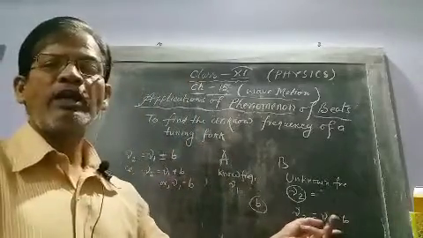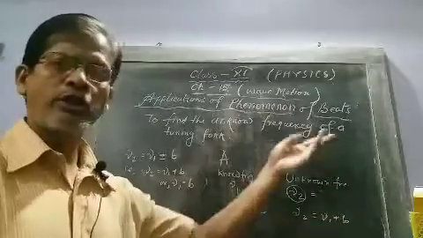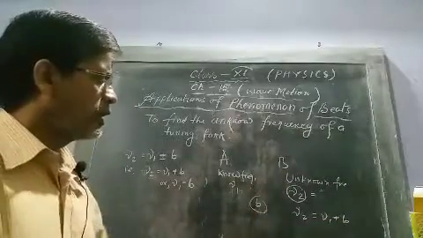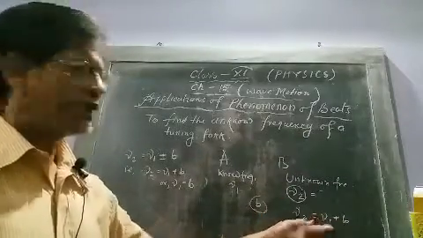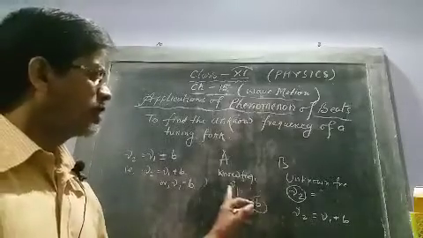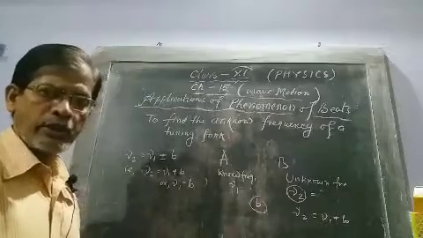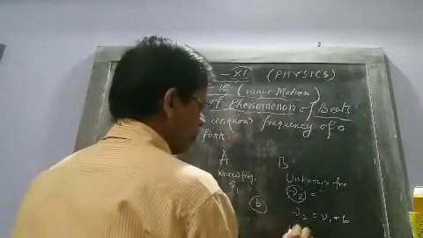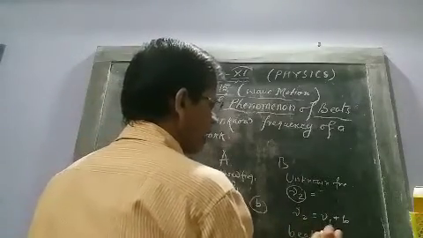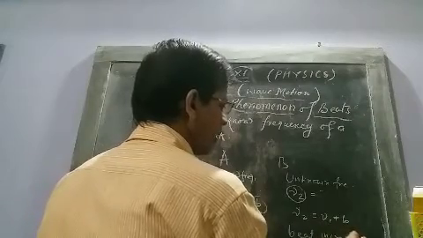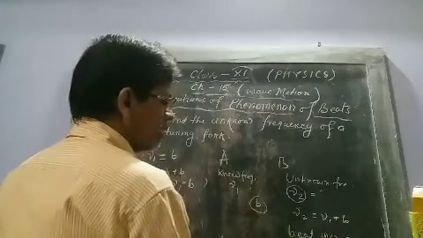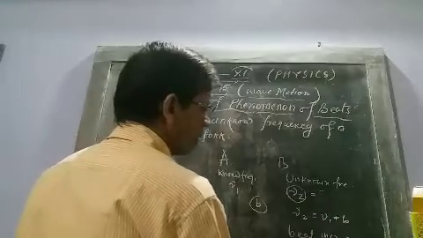Now we file this, so its frequency increases. If its frequency increases, then what will be the difference? The difference will also increase. So the beat frequency increases, therefore nu2 equal to nu1 plus b.